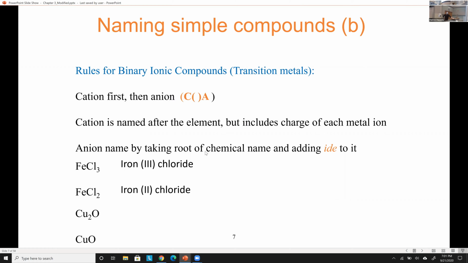Cu2O. Cu's copper, yes. I'll give you a hint. The ending is oxide. Copper 1 oxide. Good, good. So, all right, we're still learning, but good. Copper 1 oxide. I heard some people say copper oxide, but the reason why it's copper 1 oxide is because in any of these transition metal naming, we're going to know one of the charges by our table.